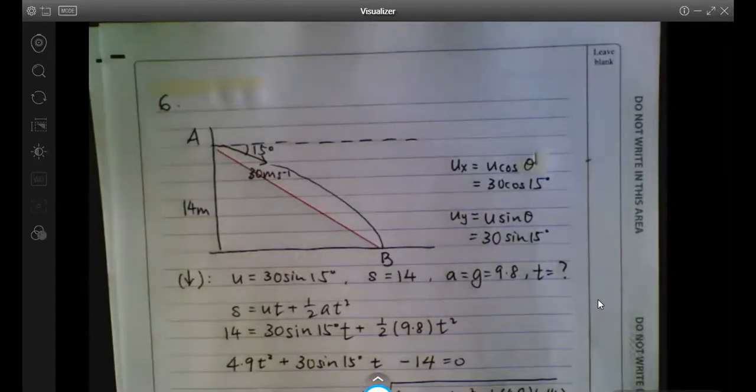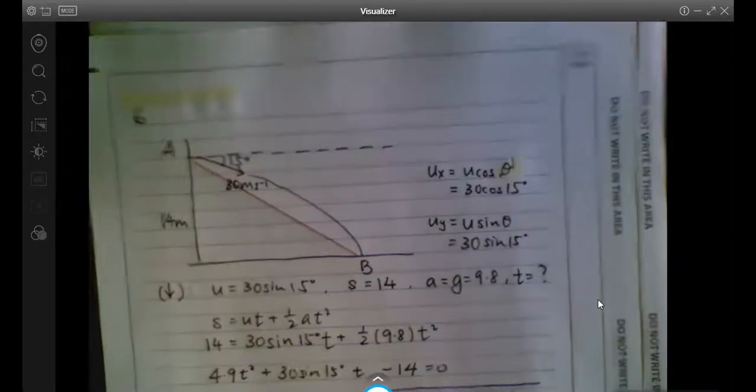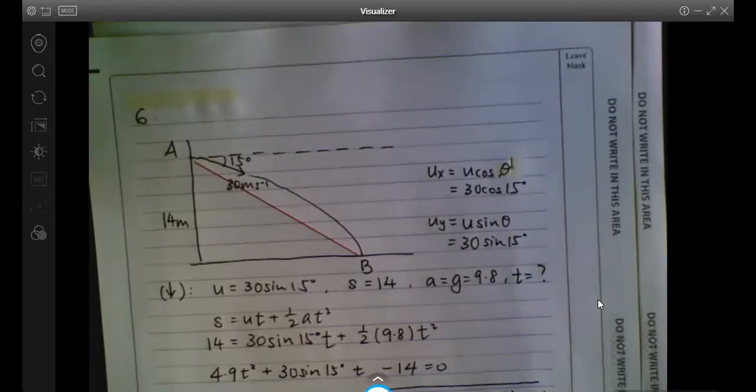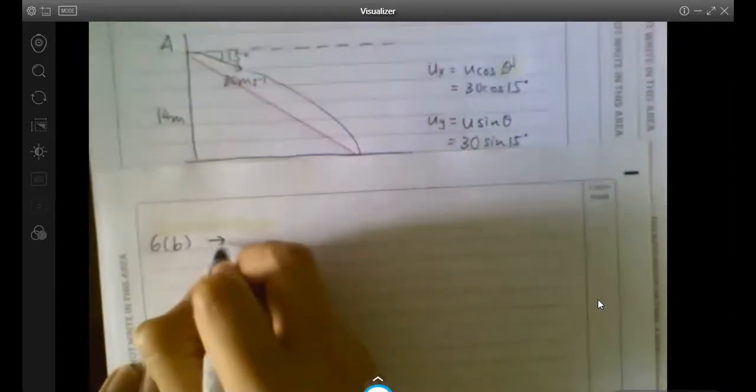Okay, now let us do the horizontal direction.